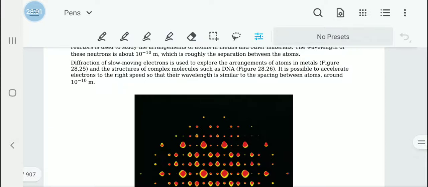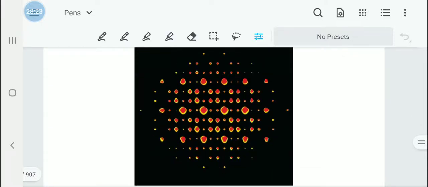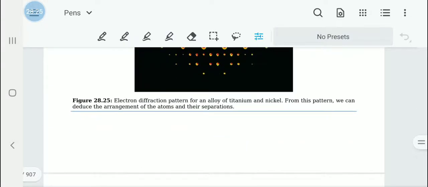And also we use accelerated electrons. If we accelerate them to the right speed so that their wavelength is equal to the atomic spacing, we can diffract them and observe how they are arranged.